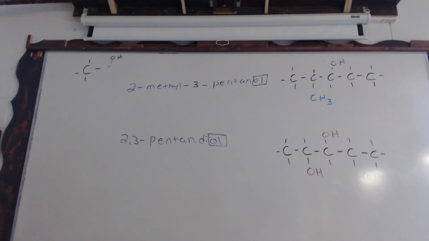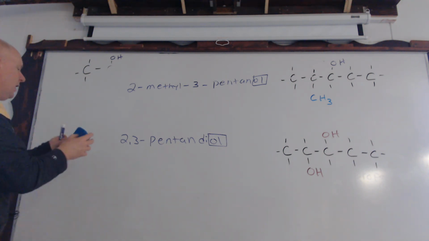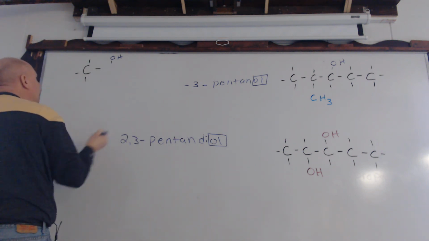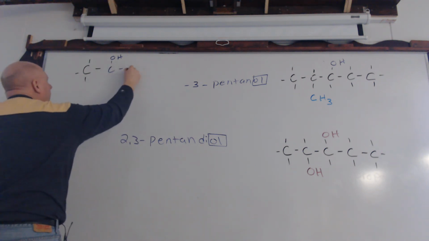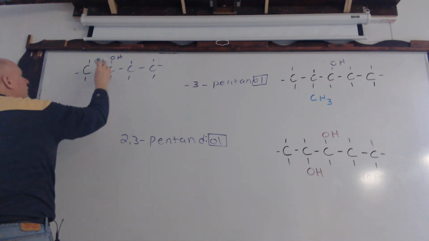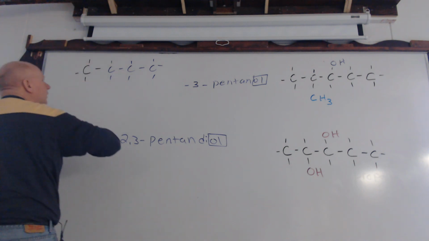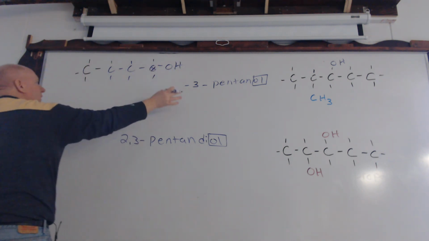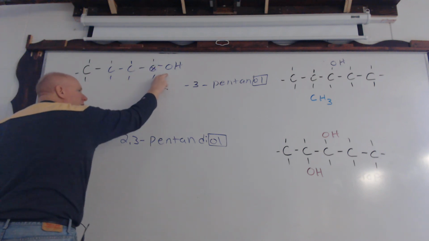Last thing I want to do is I kind of ran out of room here, but just illustrate where we left off with yesterday. That was with this. This OH group was on the end. X marks the spot. This is a primary alcohol.